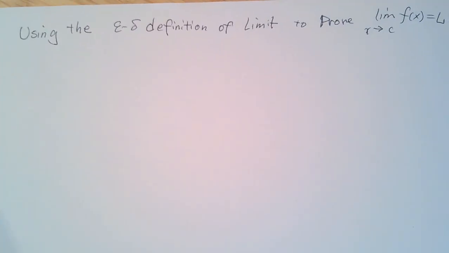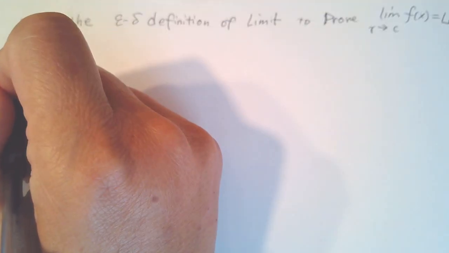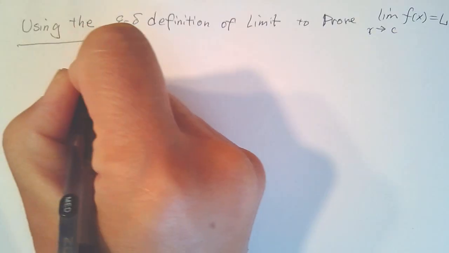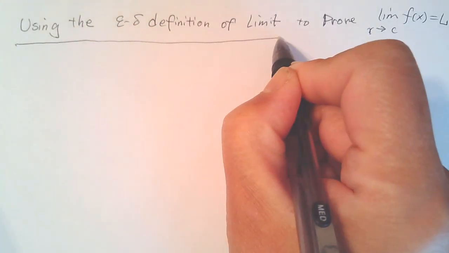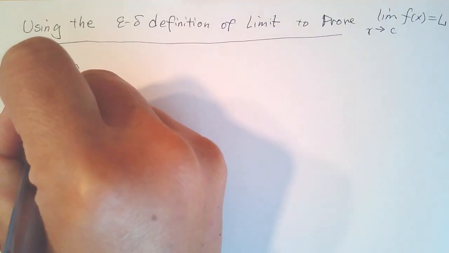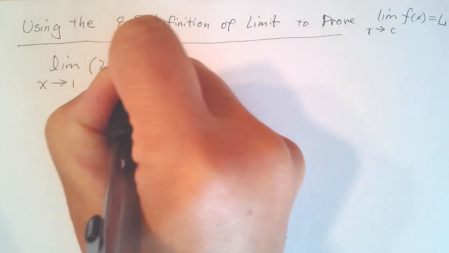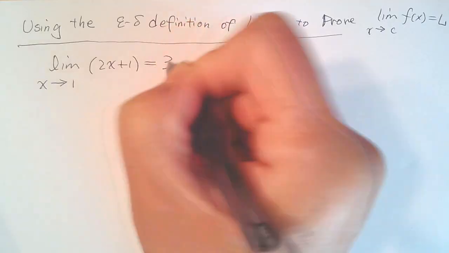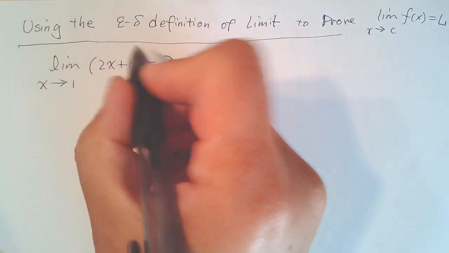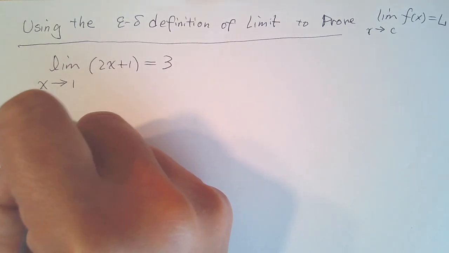It just asks you to use the definition to prove it. What does this mean? I ask you to use the delta epsilon definition of limit to prove that the limit as x approaches 1 of 2x plus 1 equals 3. Can you prove it?